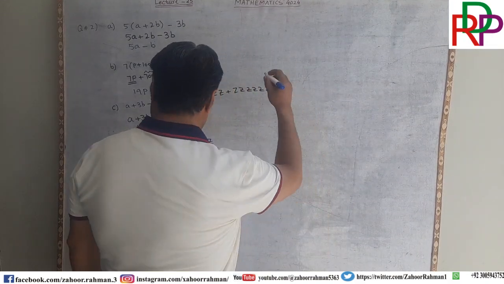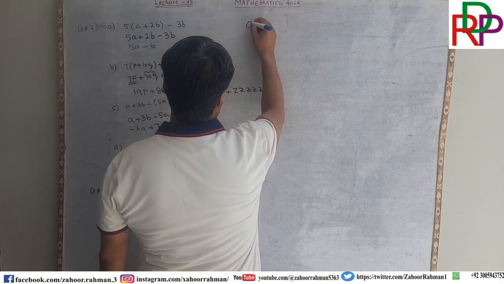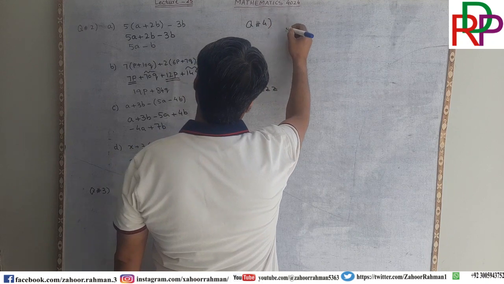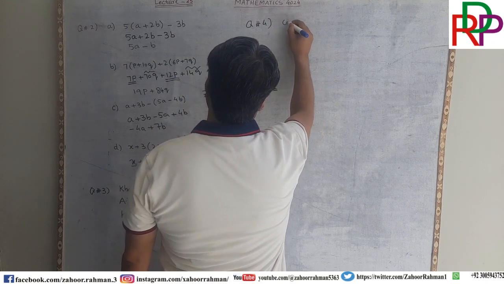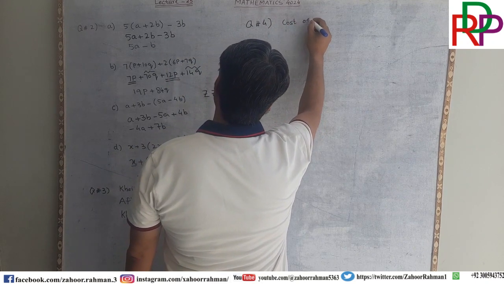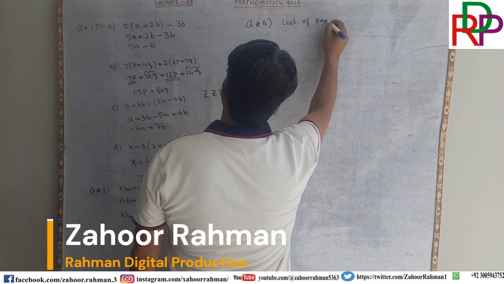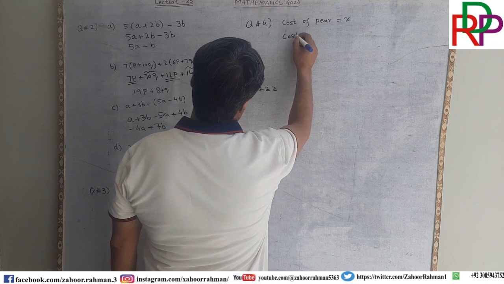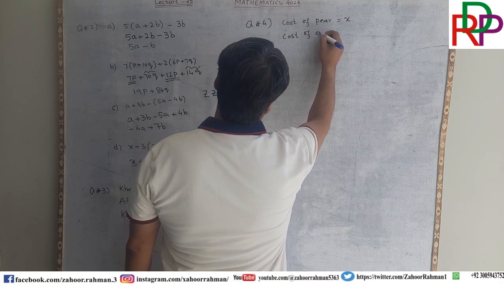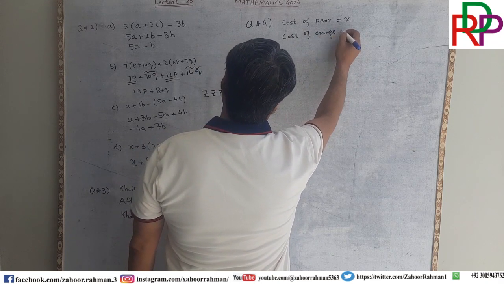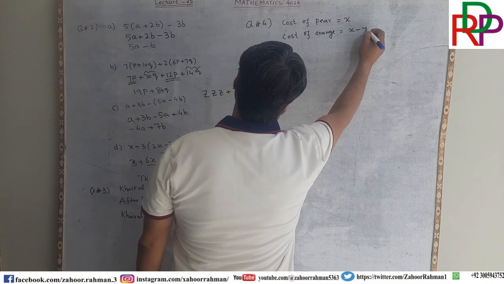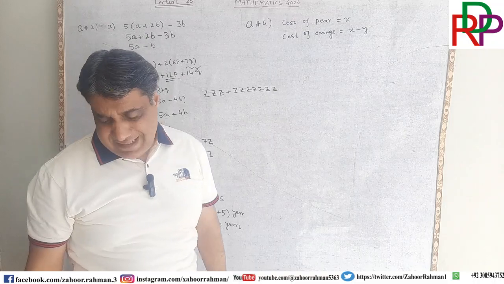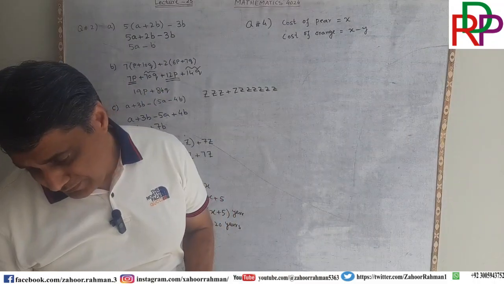Okay, let us solve this question, and this question is question number 4. The data given to us: cost of pear is equal to X, cost of orange is equal to X minus Y, and these are cents.